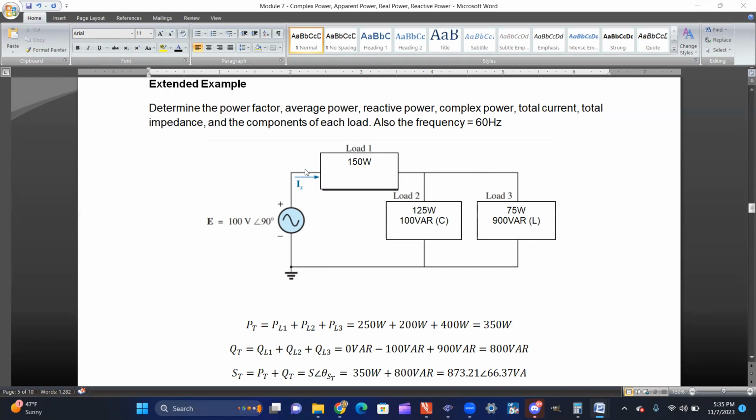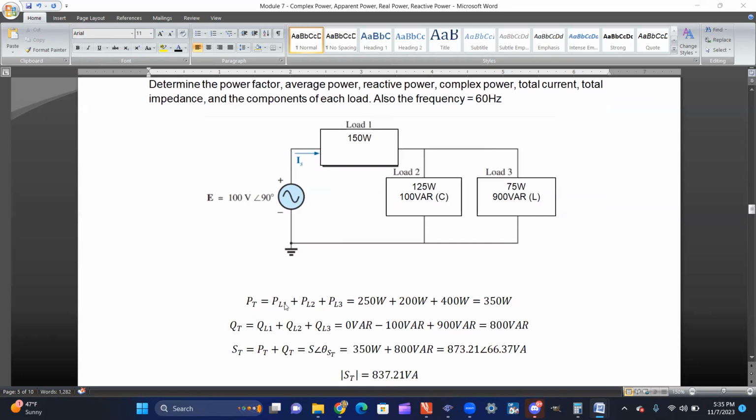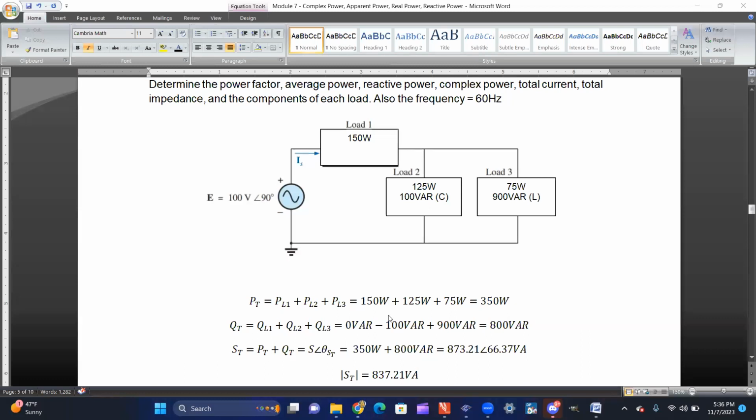Like I said, regardless of whether these are in series or parallel, you can just add them together. So for our P total, we can add all our average powers together. This is supposed to be 150, this is supposed to be 125, and this is 75.